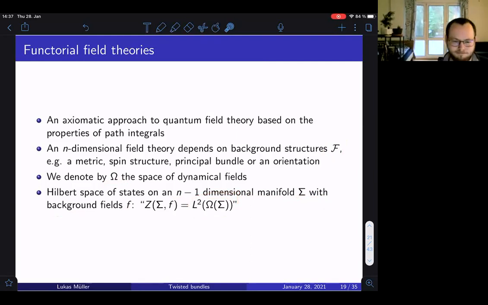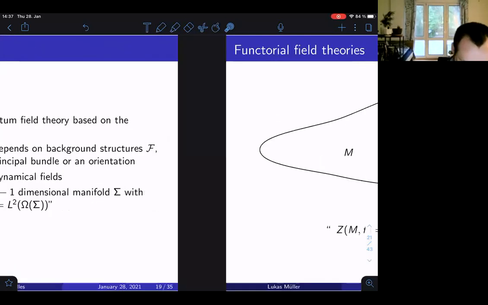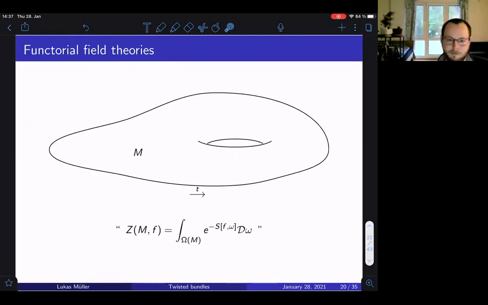I mean, this is highly not well defined, but let's go with it and see where we get. That's somehow the idea. And now the thing one wants to compute is this partition function. For that, it's an integral over the dynamical fields of some action functional, which depends on the background fields.